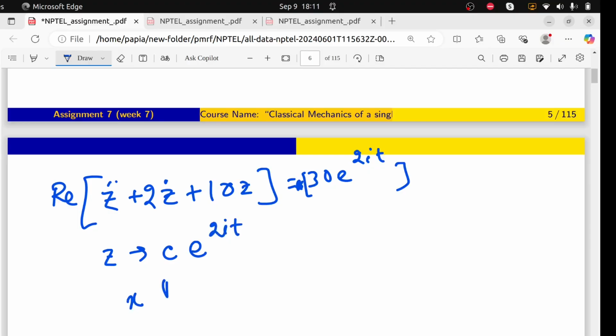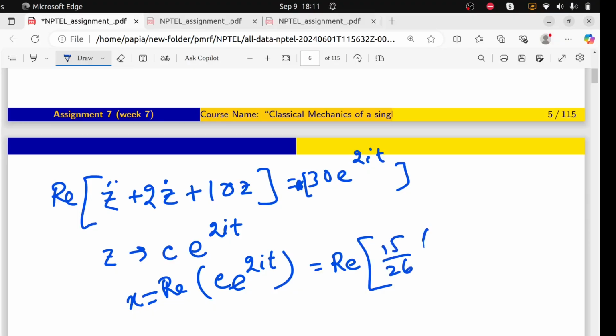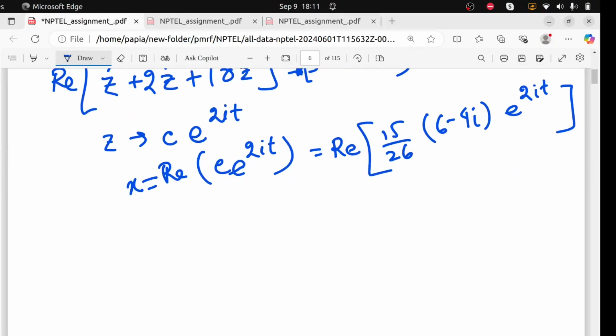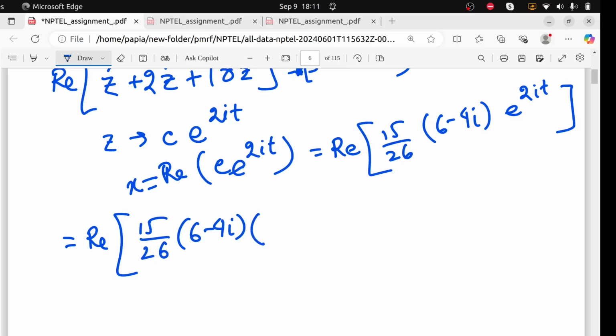So our x will be the real part of c e to the power 2it. Now c was 15 by 26, 6 minus 4i.